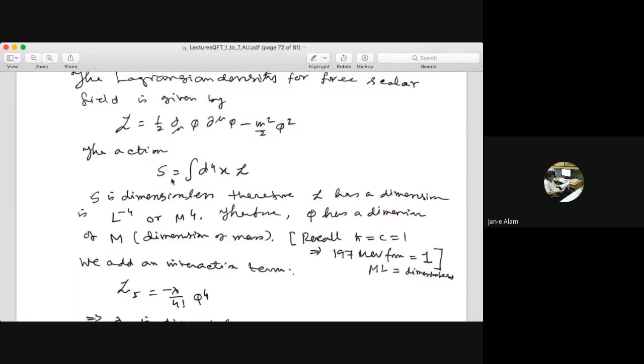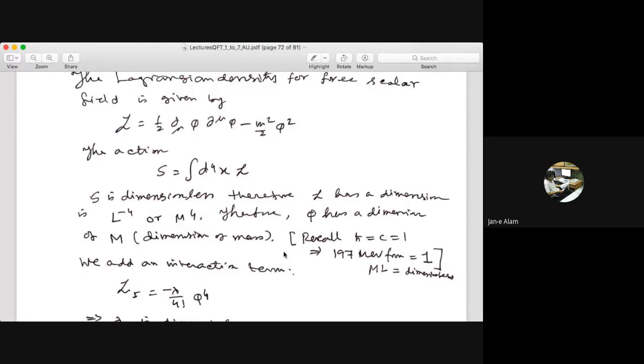Because we have taken the peculiar unit in which the action is measured in terms of h bar, the Planck constant, and it is defined as S = ∫ L d^4x. Now d^4x has the dimension of length to the 4, and if S is dimensionless, then L has to have a dimension of length to the -4.